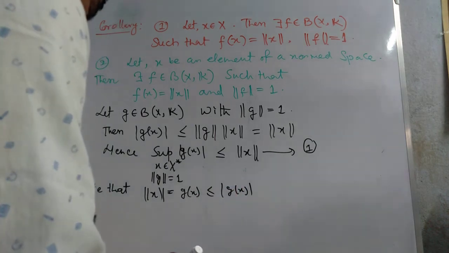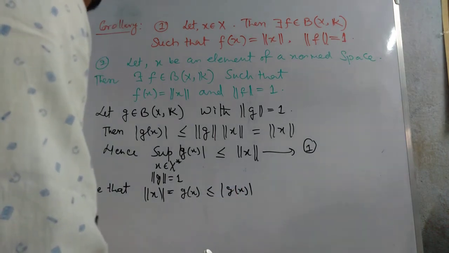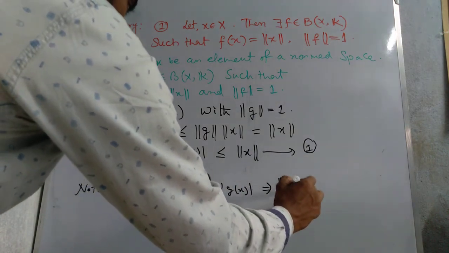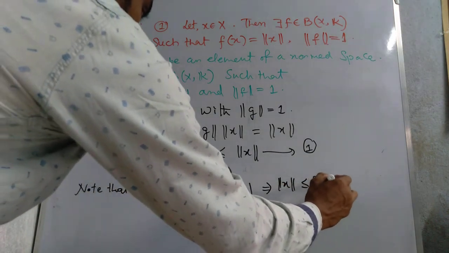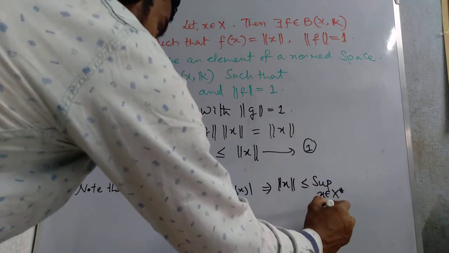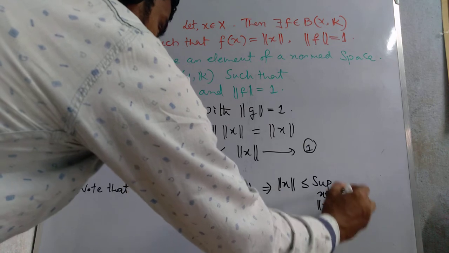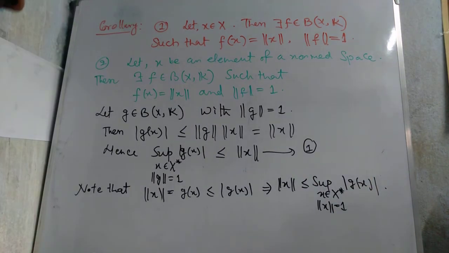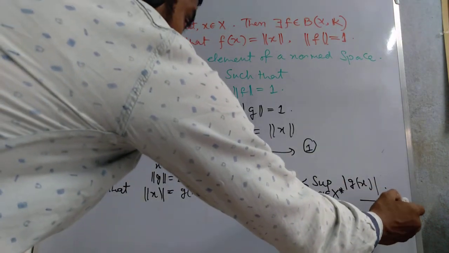This implies that norm of x is less than or equal to the supremum of |g(x)| over g in X star with norm g equal to 1. Okay, this is marked as 2.